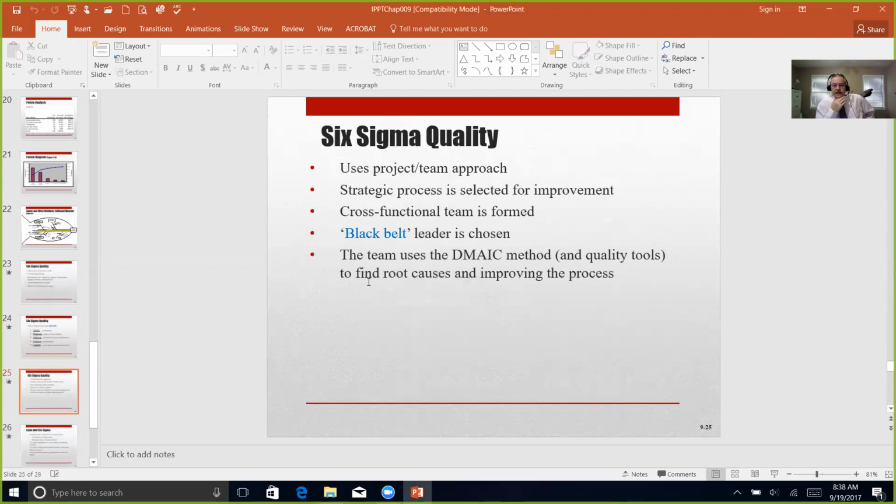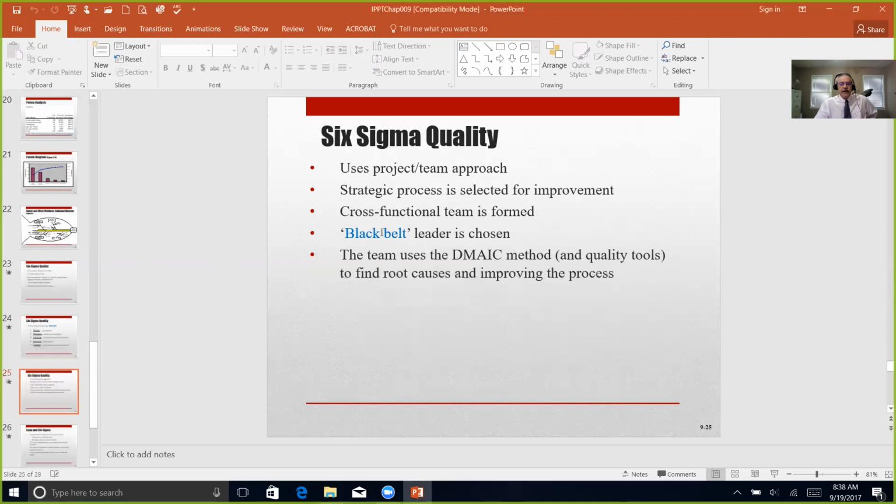A process is selected, a cross-functional team is going to be formed, and we see this over on page 207 in table 9.5, which gives us a comparison of the Lean and the Six Sigma process and what the objectives are, what type of organization is required, what type of training, and what type of projects each can be used on. And you typically want to bring in a cross-functional team, those who understand the process, who probably work with it every day, who know the issues or have seen the bottlenecks.